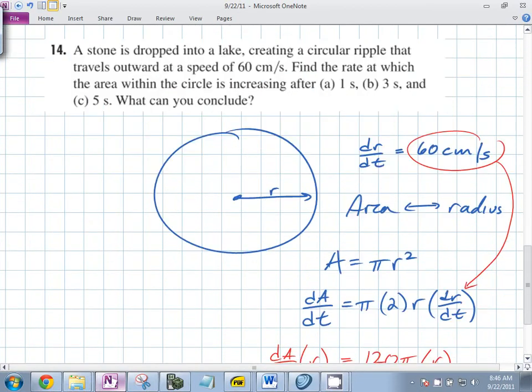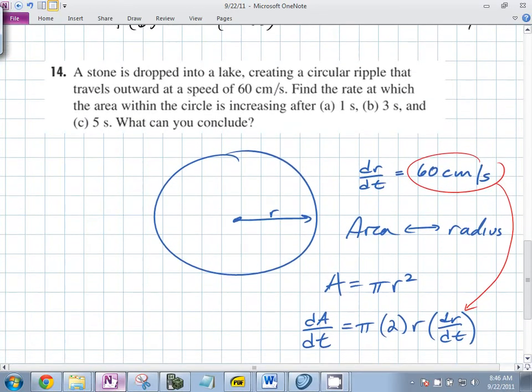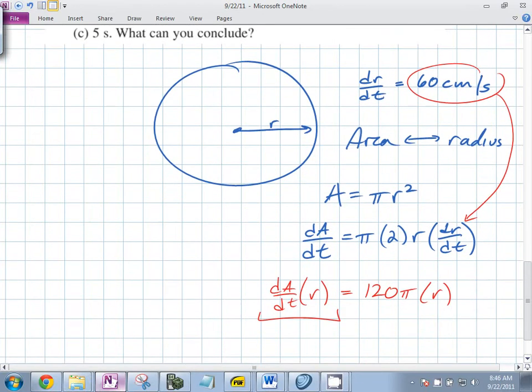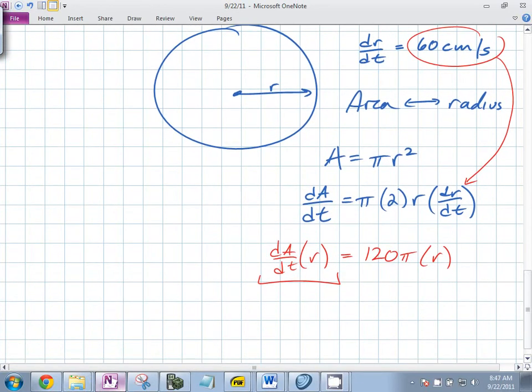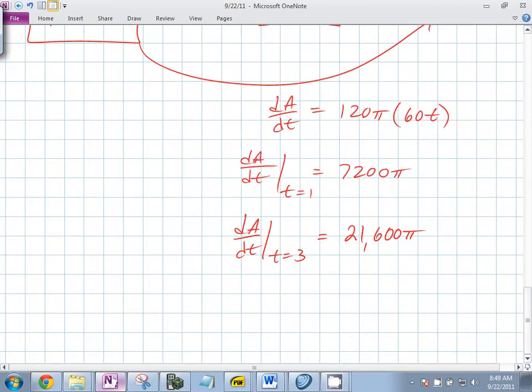We have this in terms of r. What do we really want? t. We want it in terms of t. So it's 3 times that, which gives 21,600 pi. And what's dA/dt at time equals 5?